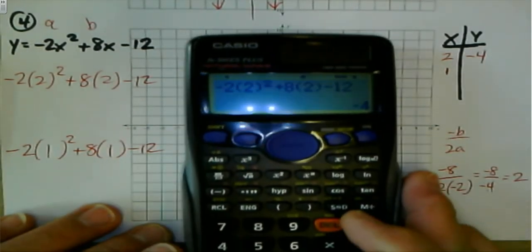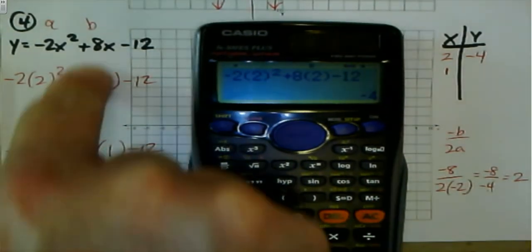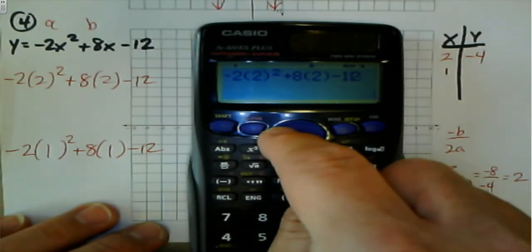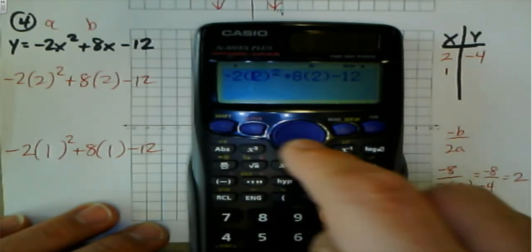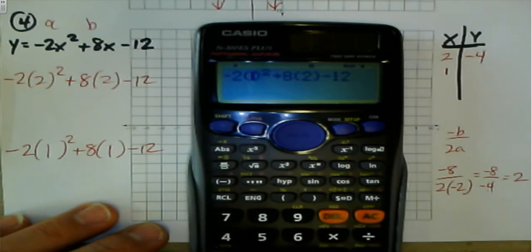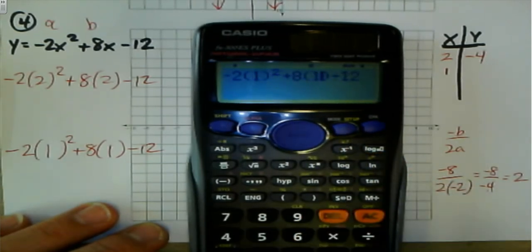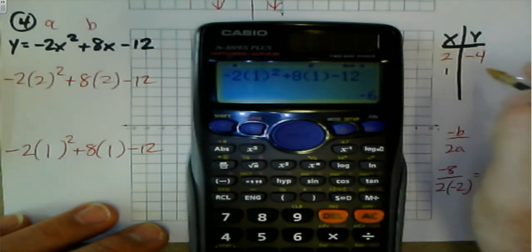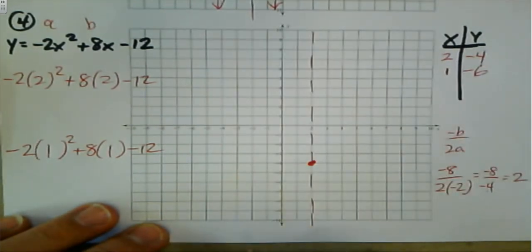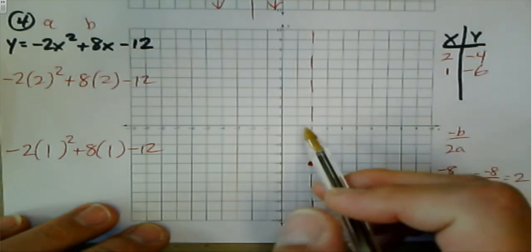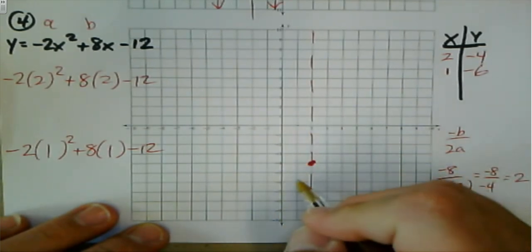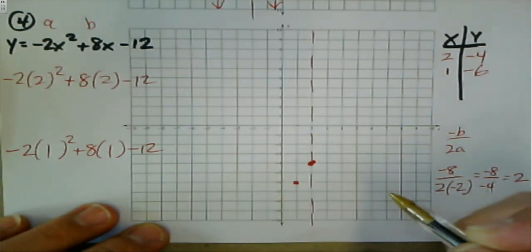Now, do not erase your calculator when you go to do the second one. Why? Because all you have to do is cursor over, hit delete, put a 1 in there, cursor back over, delete, put a 1 in there, hit equals, and you get -6. So we're going to go to 1, and then we're going to go to -6, which is right here.